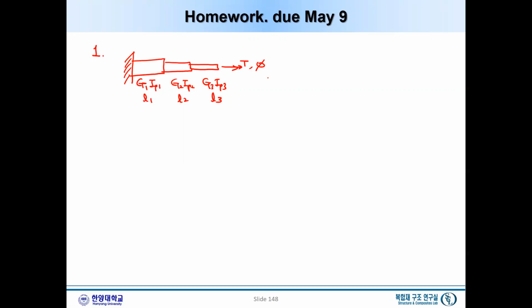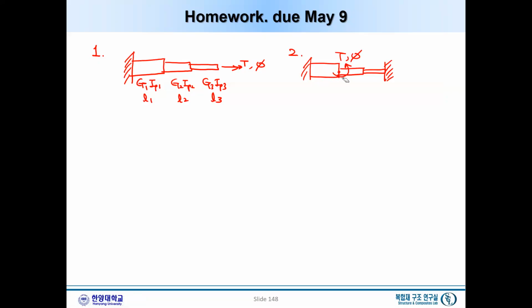Now, the second problem is that we have exactly the same configuration, but now at the right hand side we have a clamp, and at the junction between the first shaft and second shaft we apply the torque T, and then we want to find the angle of rotation, the angle of twist.